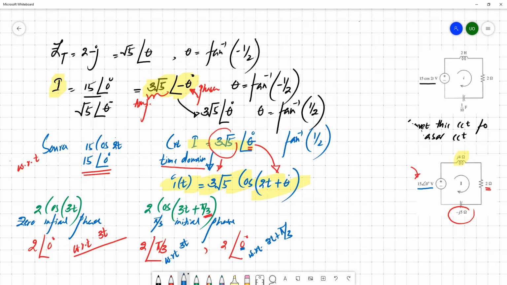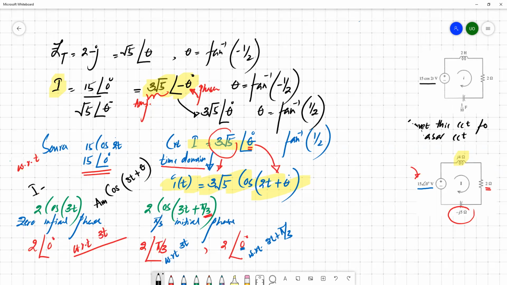If you want something converted back into the time domain, for example, if you evaluate the voltage or current phasor, you basically take the amplitude and add cos 3t and whatever angle comes from the phasor.